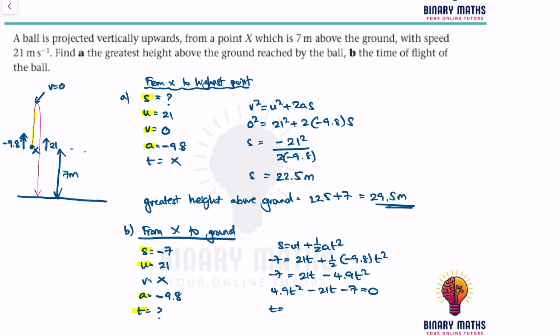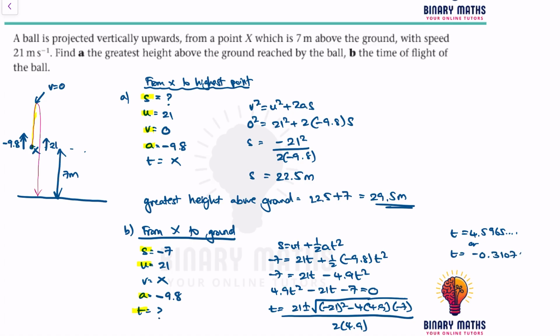Using the quadratic formula, t will be equal to 21 plus or minus the square root of 21 squared minus 4 times 4.9 times minus 7, all over 2 times 4.9, which means t is equal to 4.5965, or t is equal to negative 0.31079.